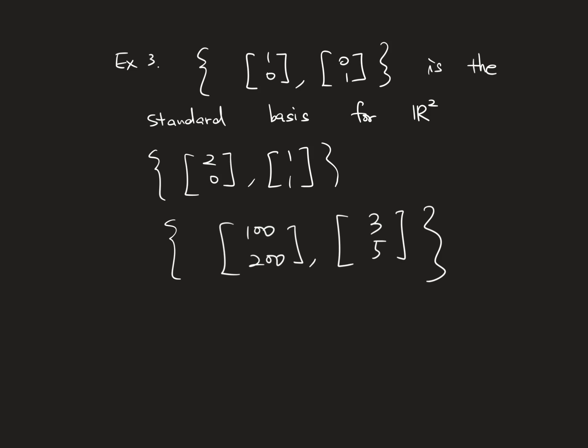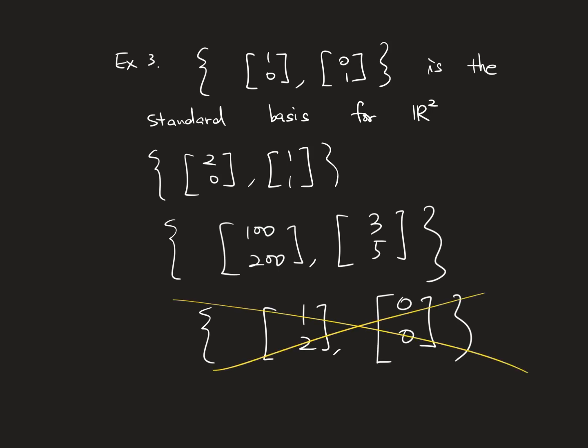But as I said, the vectors (1, 2) and (0, 0) could not be a basis, because if you include the zero vector, the vectors are immediately dependent.